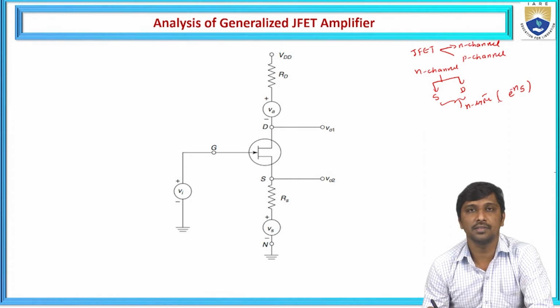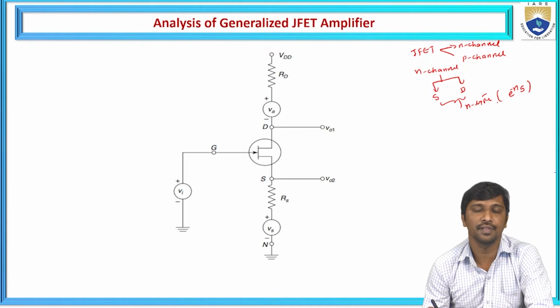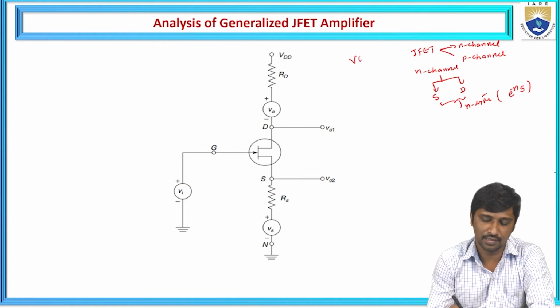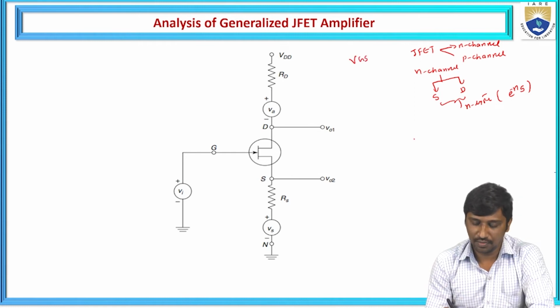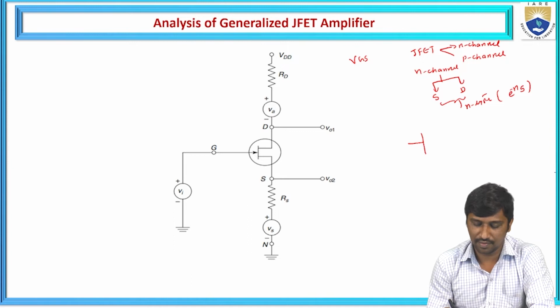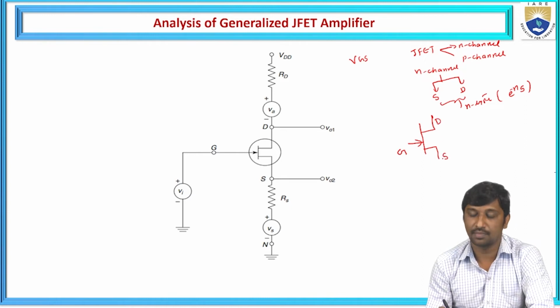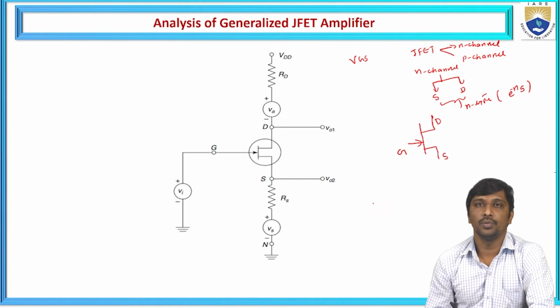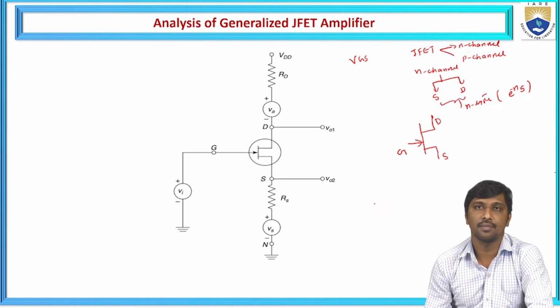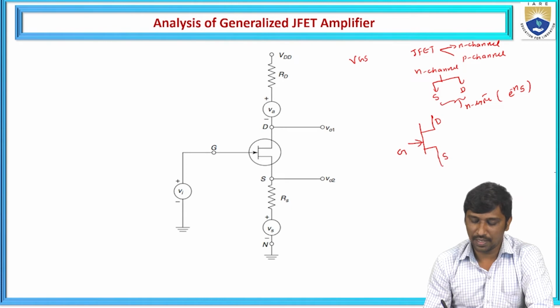To control the movement of the charge carriers from the source to drain, externally we need to apply some amount of energy, in terms of electric field, and that is called VGS. Let us consider the N channel JFET, with the gate, one terminal as the drain and one terminal as the source. To move the charge carriers from the source to drain, the source is biased with the negative pole.